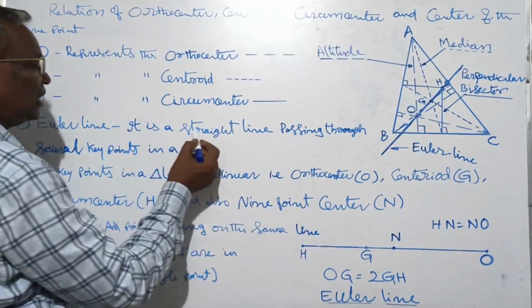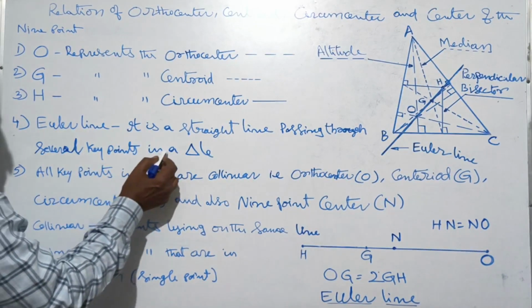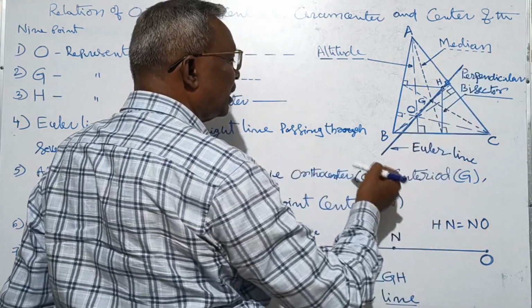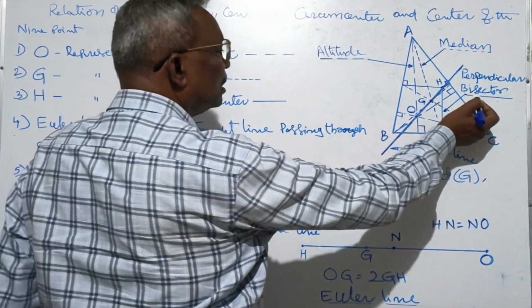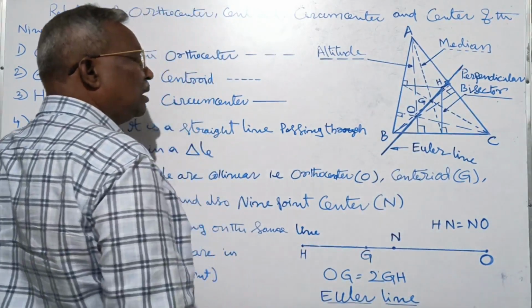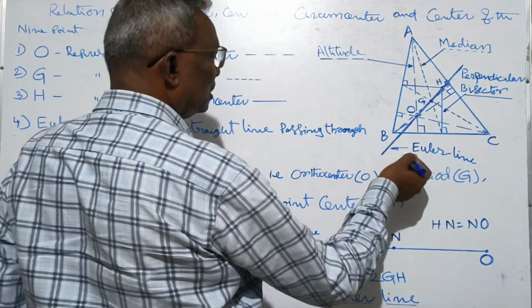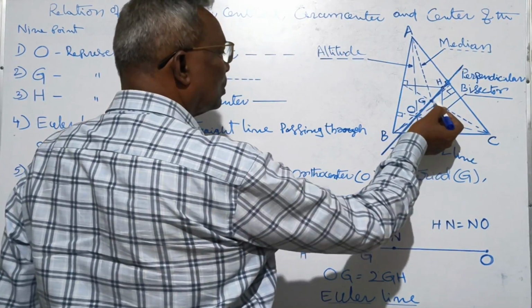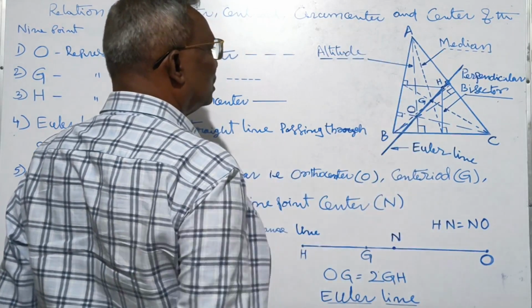The Euler line is a straight line passing through several key points in a triangle. Particularly here, there are 3 points: number 1, orthocenter; number 2, centroid; number 3, circumcenter.